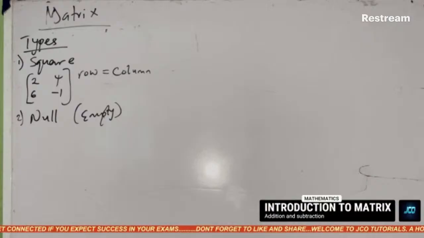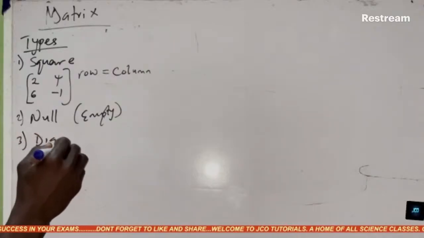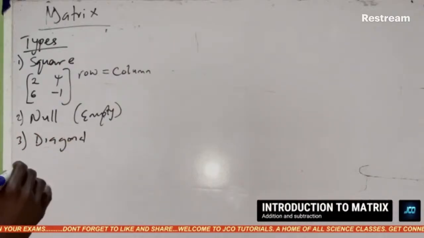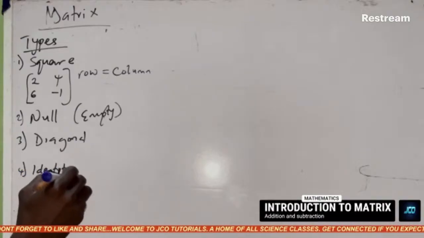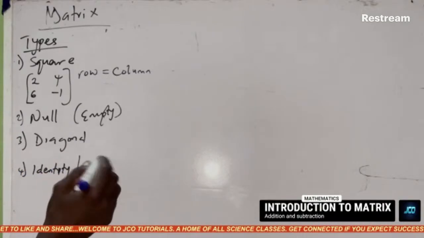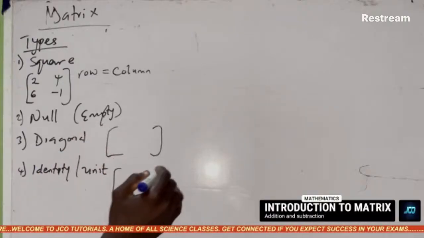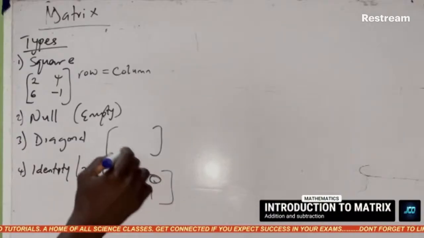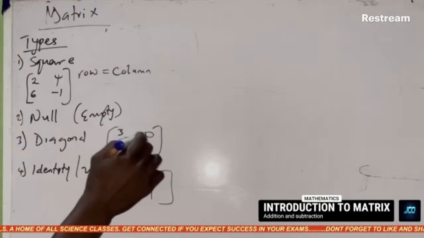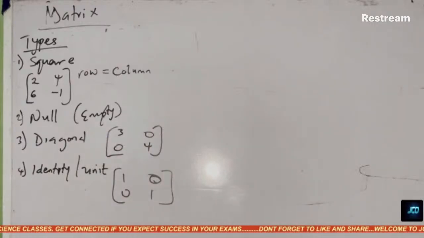Alright, so other kinds of matrix you have, you could have diagonal, you could have identity or unit. Now, diagonal could be, now this is 1 1 0 0 0 0 3 4. Now, I want you to observe very closely.